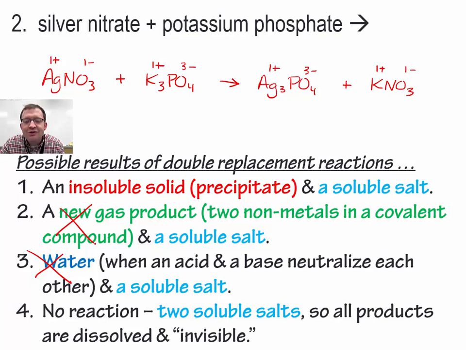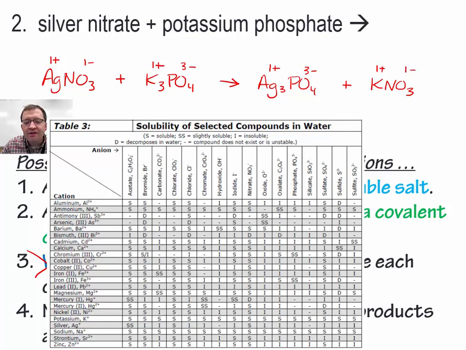That leaves us two choices: silver phosphate, potassium nitrate. This is where you go to that little solubility chart or go to your list of solubility rules and look up the compounds in question. Well, if I look up my silver phosphate and my potassium nitrate, I'll find that silver phosphate is insoluble. That's a very insoluble compound.